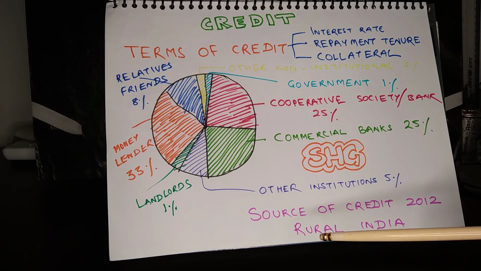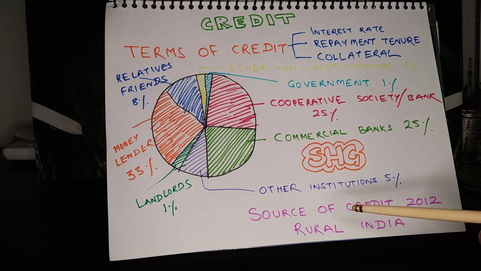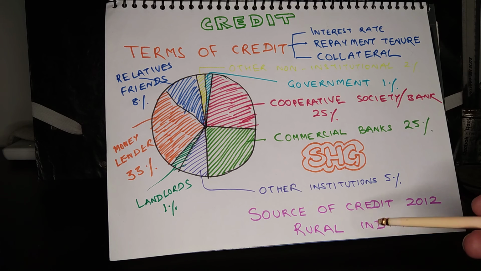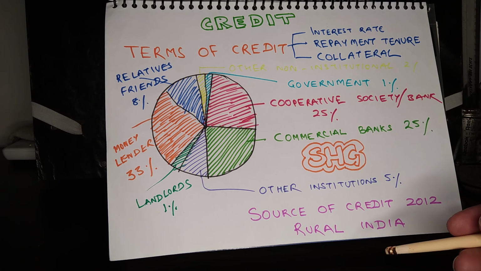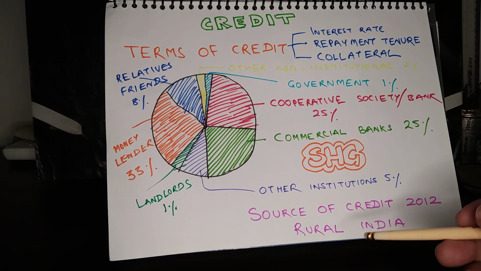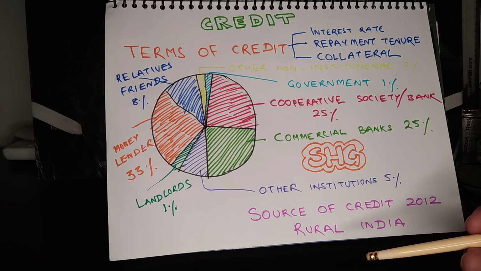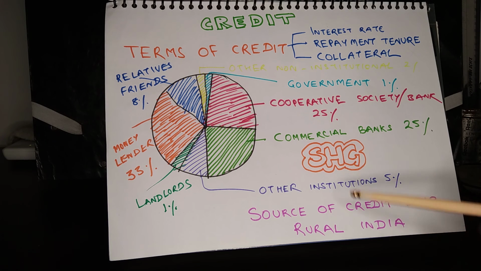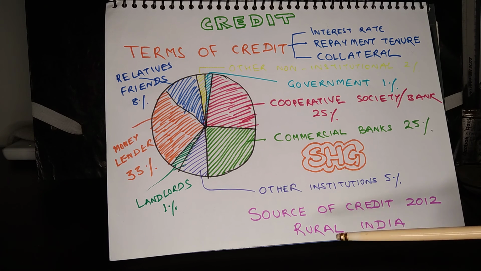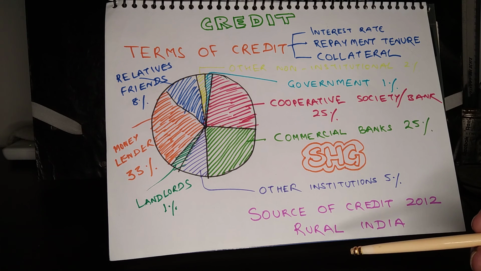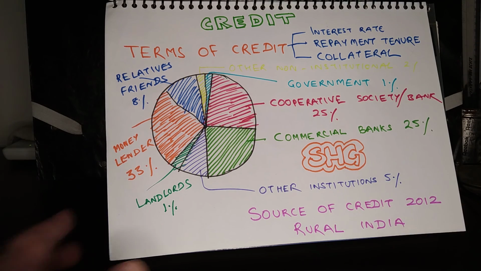It's a sort of cooperative where a small number of people pool their savings so that a corpus can be made, and if a needy person needs a loan, that person can be given the loan from the group. This has been very successful, especially among women in rural India, who are now utilizing SHGs to finance small businesses, and they have been very successful in their endeavor.